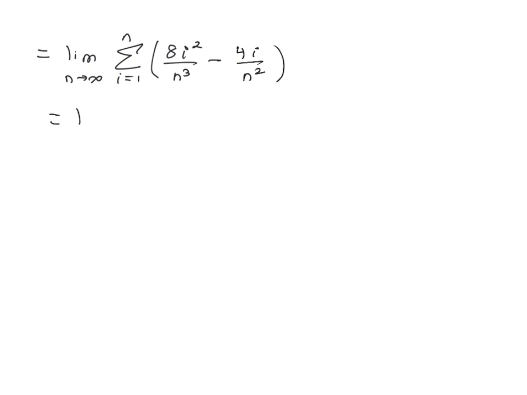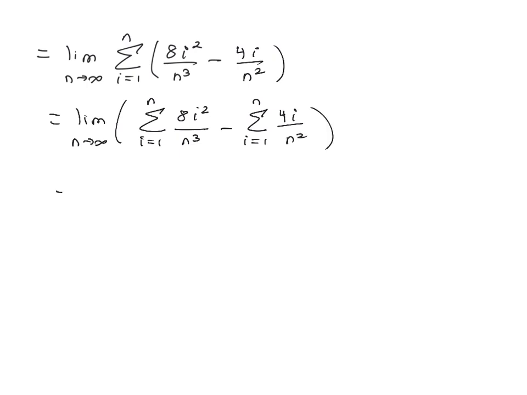So we have the limit, as n approaches infinity, of the sum of i going from 1 to n of 8i squared over n cubed minus 4i over n squared. We can split the sum. This is the limit as n goes to infinity of the sum of i going from 1 to n of 8i squared over n cubed, minus the sum of i going from 1 to n of 4i over n squared.